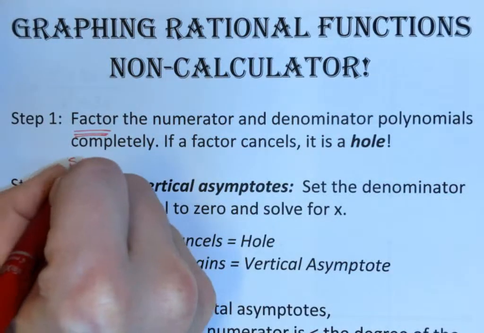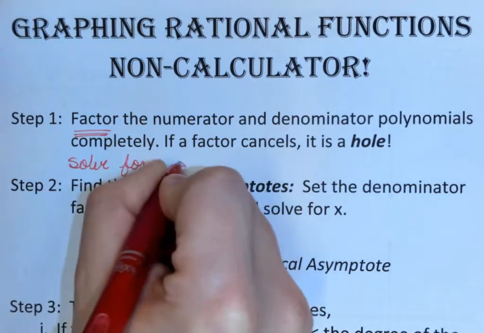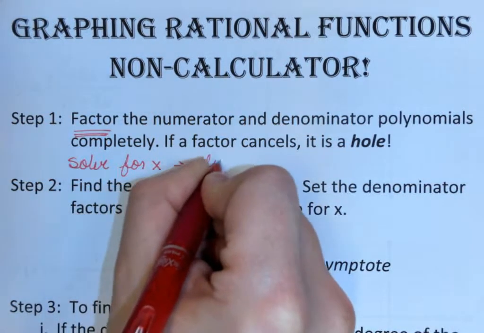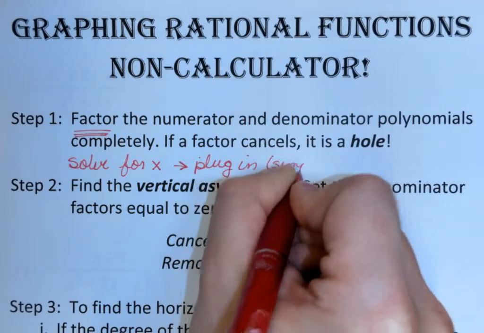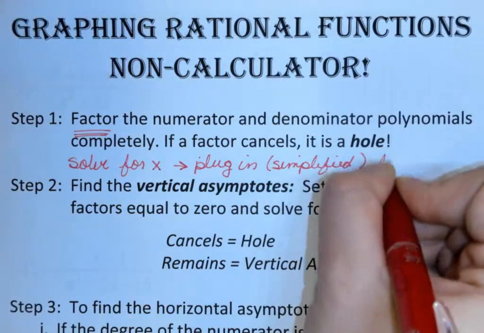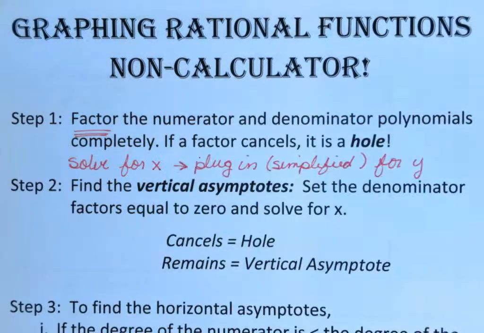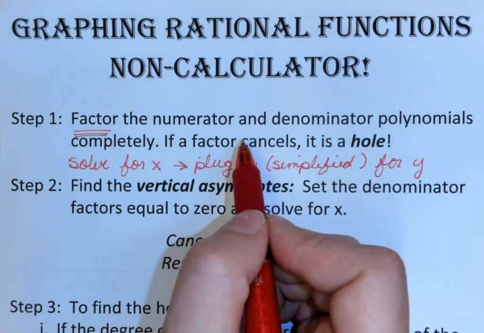And if a factor cancels, that's going to be our hole. So you'll solve for x, and you would plug it into the simplified function for the y. You're going to look and say, okay, which of my factors cancel out?